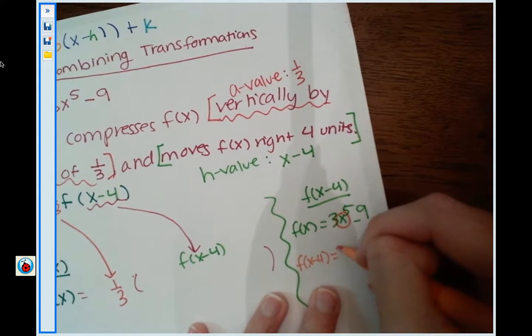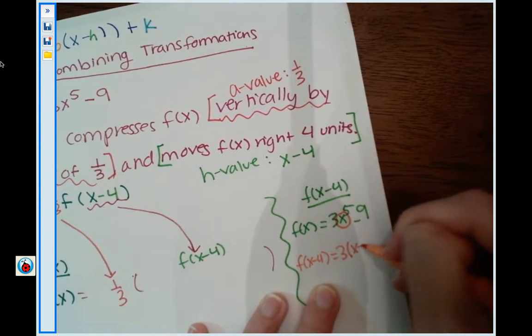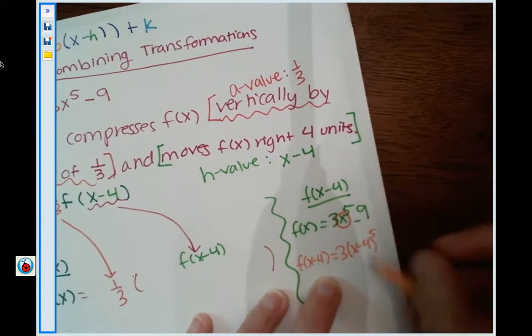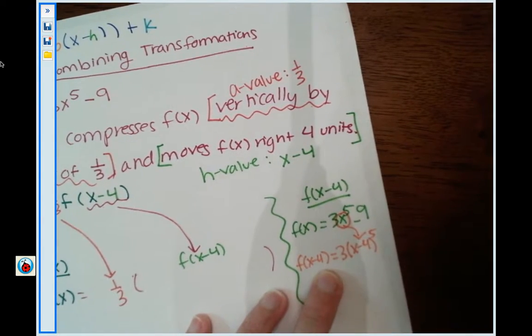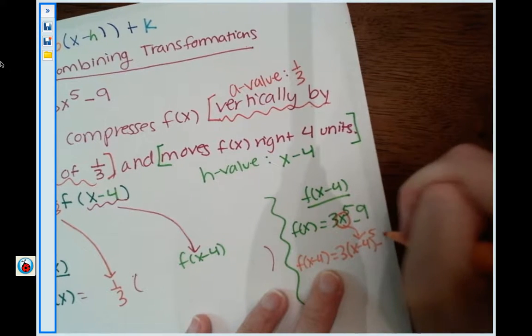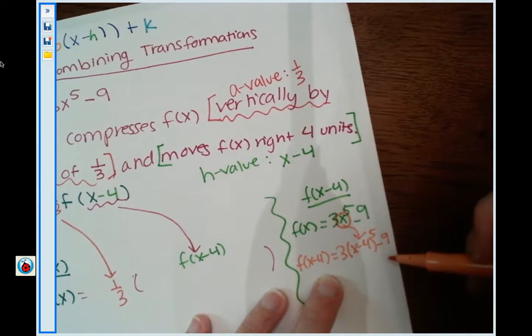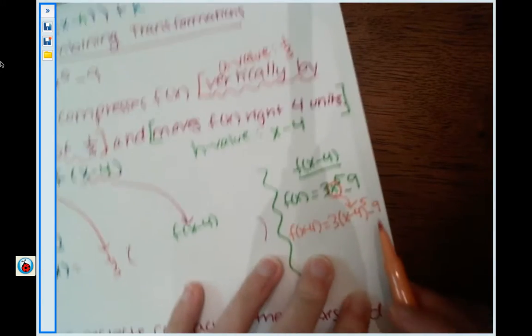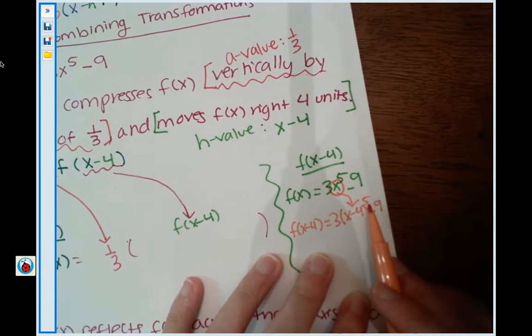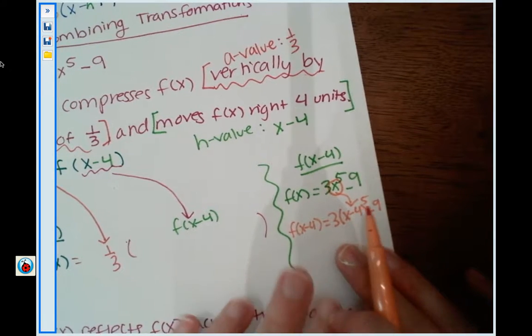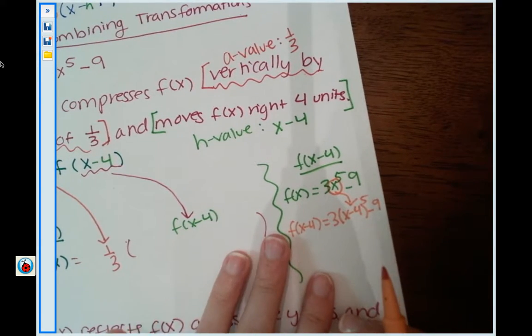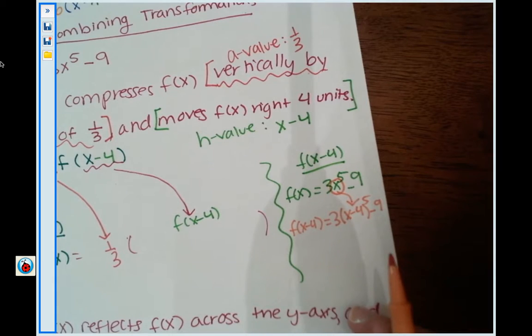It's going to change into x minus 4. So this is going to be 3 parenthesis x minus 4 raised to the 5th. My x transforms into an x minus 4, and then I bring everything else down. I bring down my minus 9 and my 3. And remember, you guys, I'm not going to make you solve that out, because that's like x minus 4 five times. It's like x minus 4 times x minus 4 times x minus 4 times x minus 4 times x minus 4.